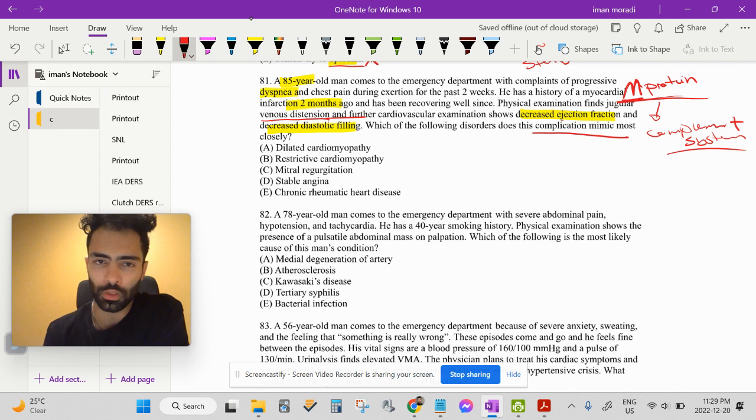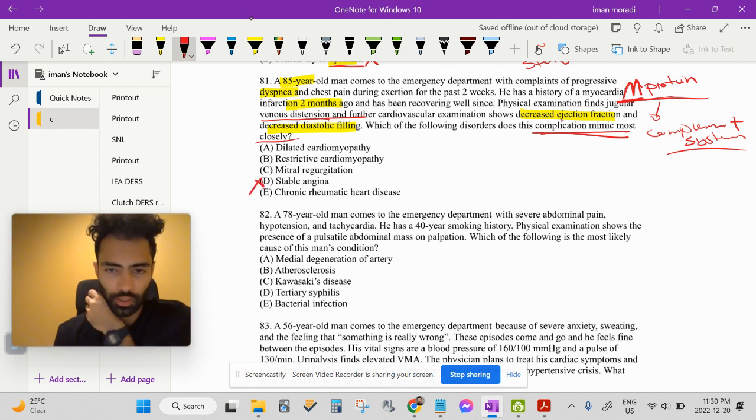It doesn't even say what the diagnosis is right now. It asks what it mimics most closely. Stable angina is just pain, so it's not that. Chronic rheumatic heart disease is blood not going back to the heart properly, so it mimics the venous distension part. Mitral regurgitation is kind of the same, but decreased ejection fraction is not seen in either one of them.